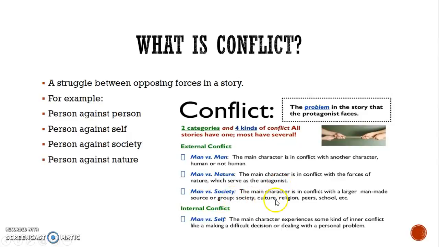The main character is in conflict with a larger man-made source or group, society, culture, religion, peers, school, etc. Internal conflict, man versus self. The main character experiences some kind of inner conflict, like making a difficult decision or dealing with a personal problem.